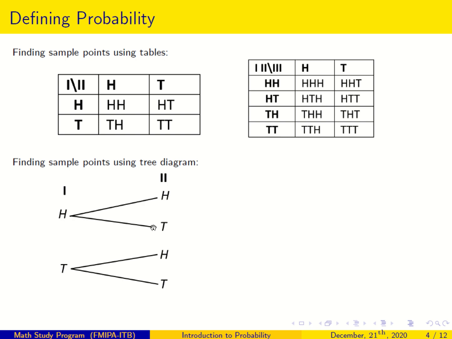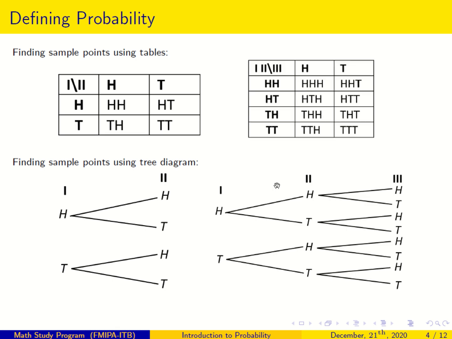And this is the tree diagram for tossing two coins, and the tree diagram for tossing three coins. Here I have HTH, which is the same as this. You can use both tables and tree diagrams to find all of the sample points of an experiment.